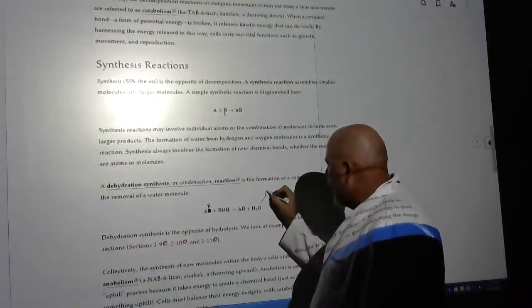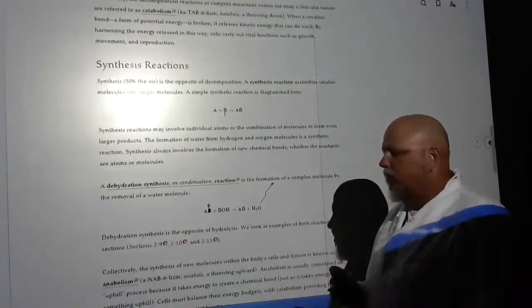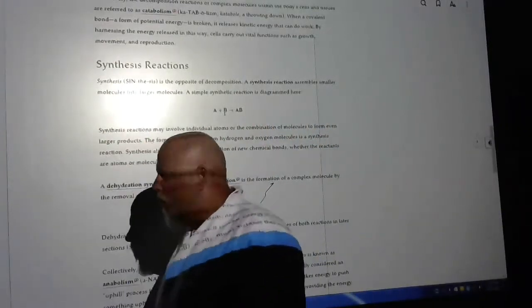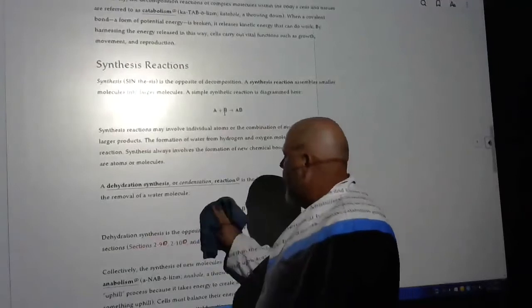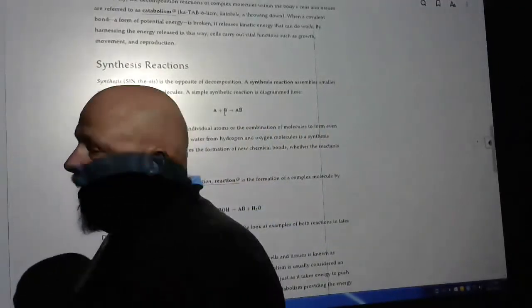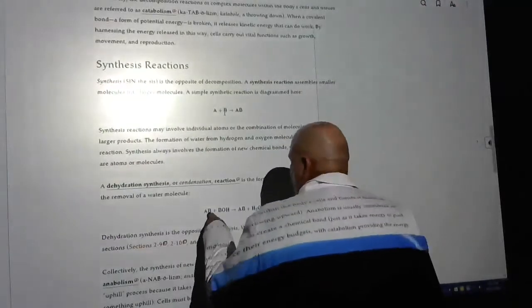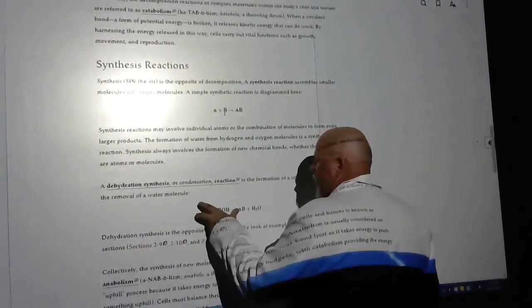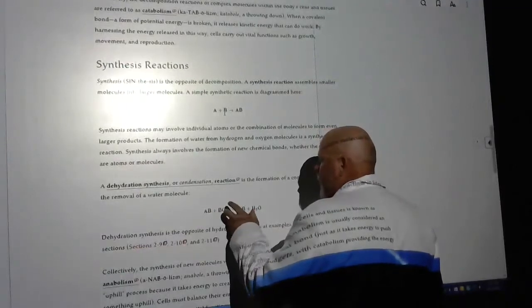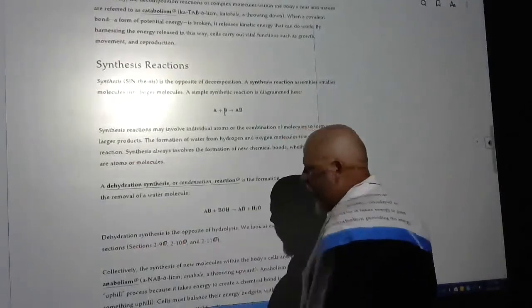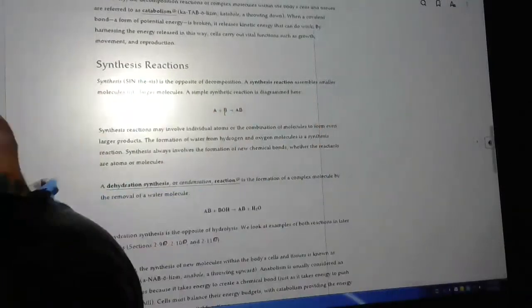Now this water is free to go do whatever it wants, so you can release that. If you release water when you're exercising, you're dehydrating. Remember that if I take the hydrogen and hydroxide out of the two reactants and make water with it, I dehydrate it. That's anabolic.